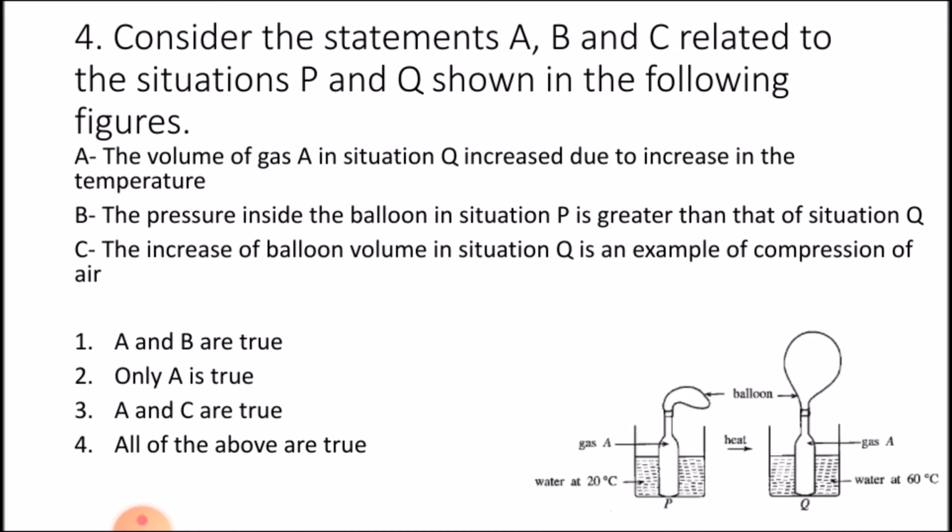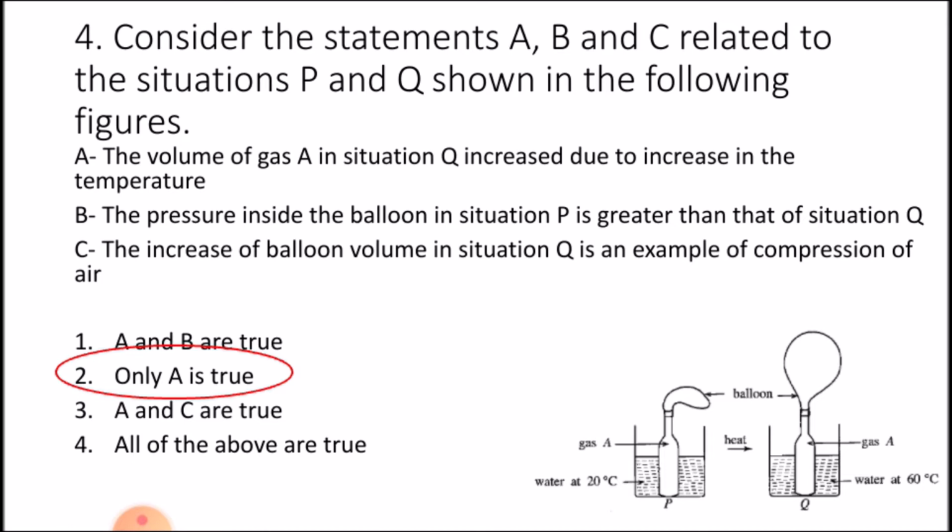B. The pressure inside the balloon in situation P is greater than that of Q. C. The increase of balloon volume in situation Q is an example of compression of air. The answer for this one is the second one, and we'll evaluate why.